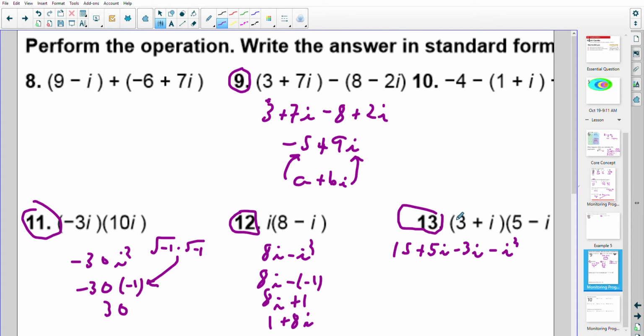So I did distributive property twice, 1, 2, 3, and 4. So when you get this, you combine like terms. So it's 15 plus 2i minus negative 1 is plus 1, and then 16 plus 2i, and you're done.